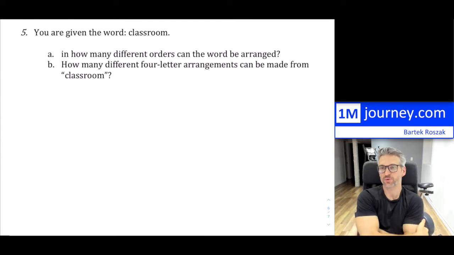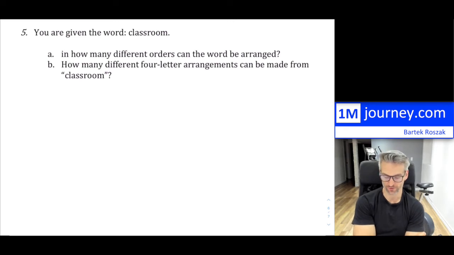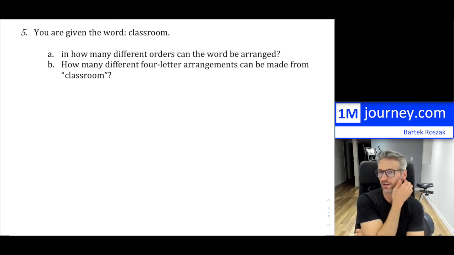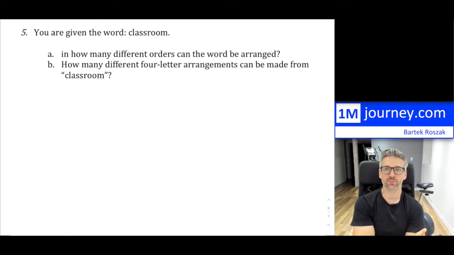All right, here's a really nice example of trying to count the number of arrangements we would have from a particular word. The only problem is that the word is classroom, and it has S appearing 2 times, and then the double O, which appears 2 times.